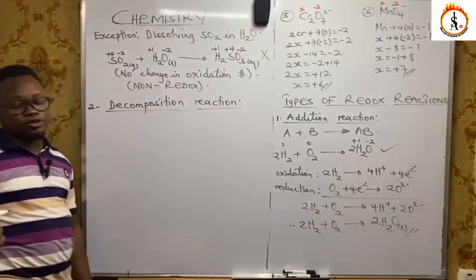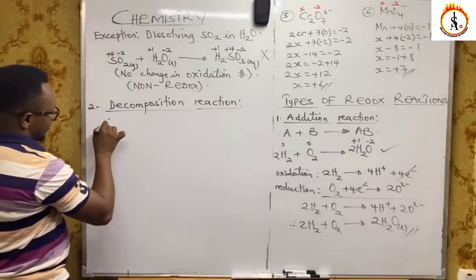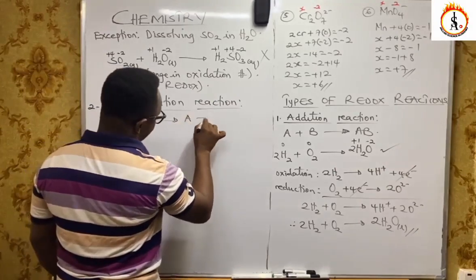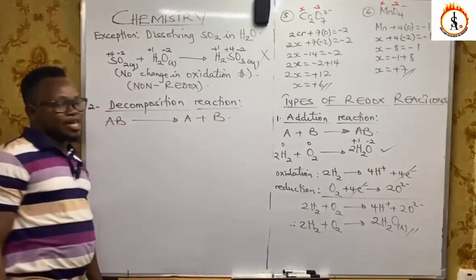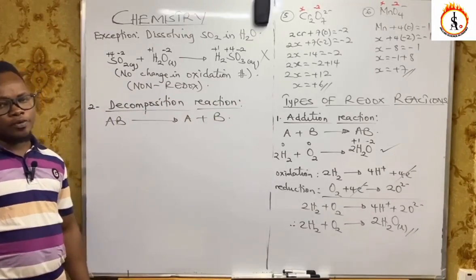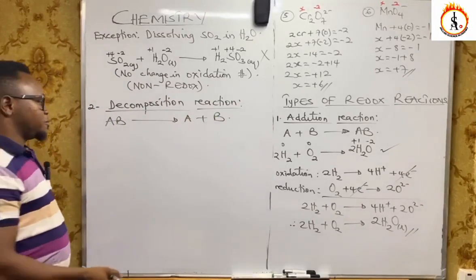In a decomposition reaction, you have a single species, let's say for example AB, decomposing into A plus B. So you can have 2 or more products being formed from a single species.